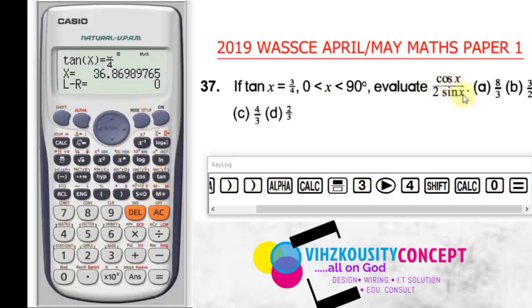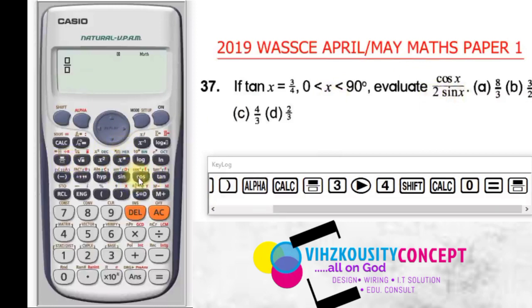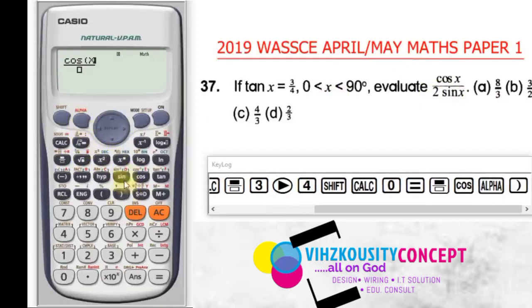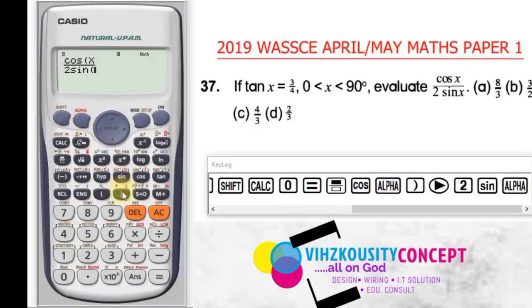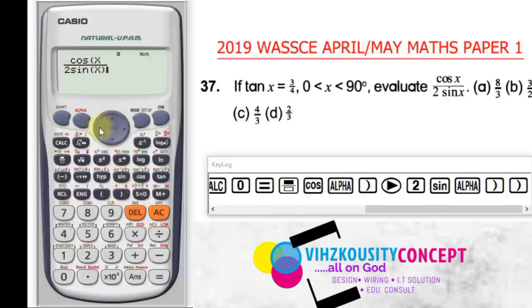I will just now input the value of cos x over 2 sin x for the calculator to evaluate all by itself. So I'm going to say I'm having a fraction, cos x is the numerator, and then 2 sin x is the denominator. Let me also close the bracket for the numerator there.